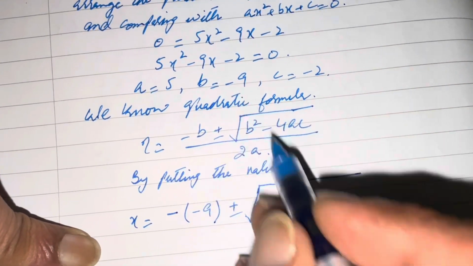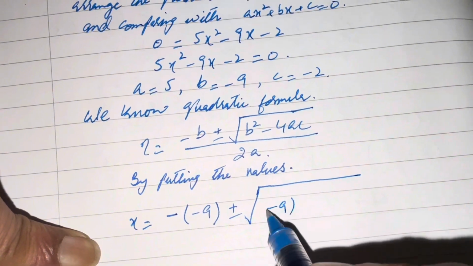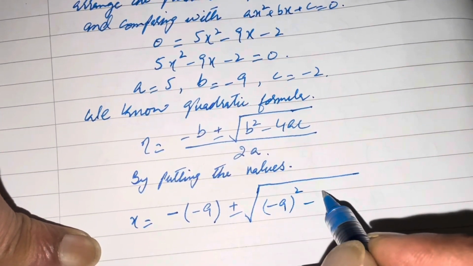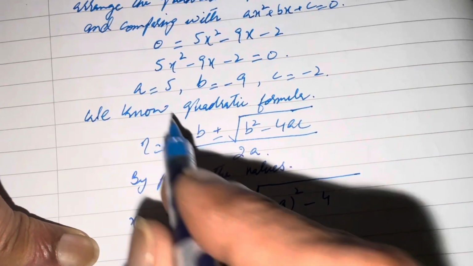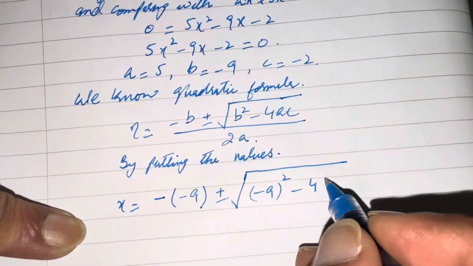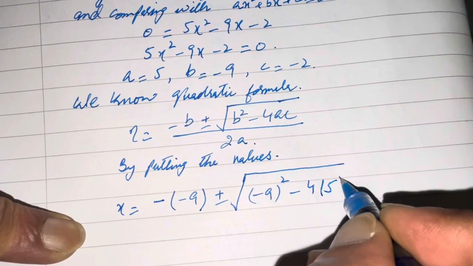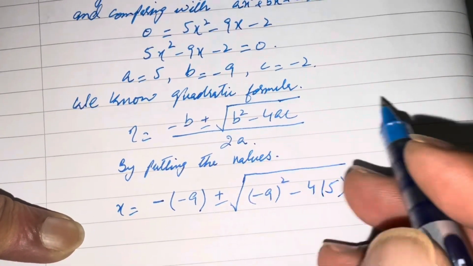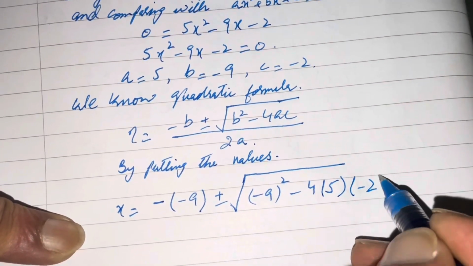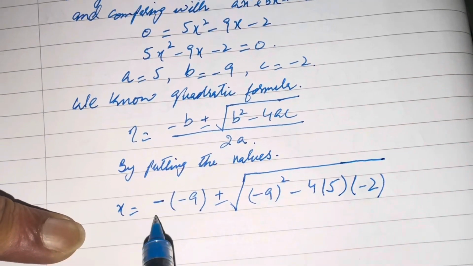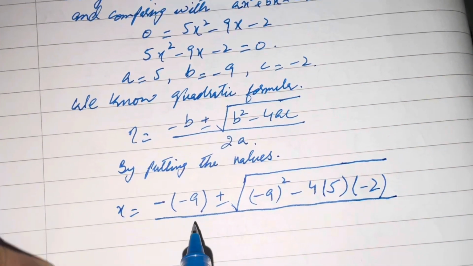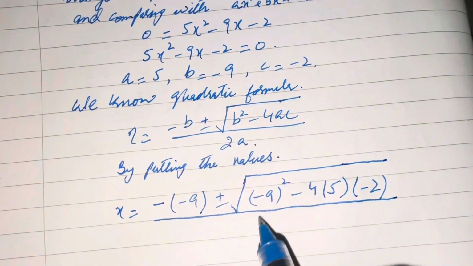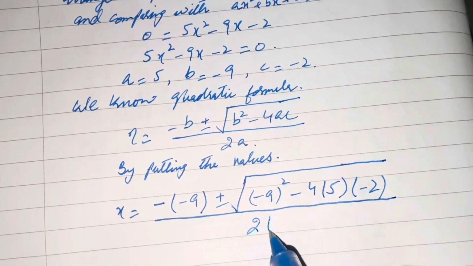What is the value of b? Minus 9. So we write minus 9 squared minus 4 into a. What is the value of a? a is equal to 5. And then c. What is the value of c? Minus 2. That's how we will find the solution set by simplifying this. Divided by 2a. What is the value of a? 5.